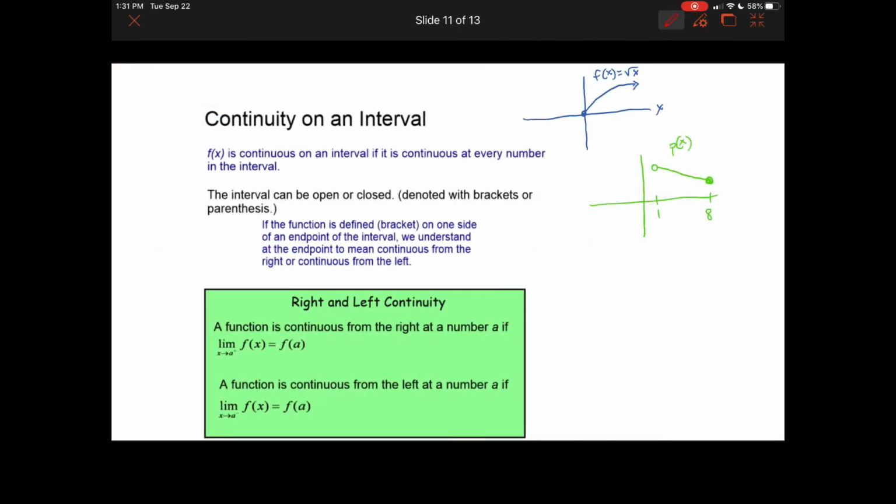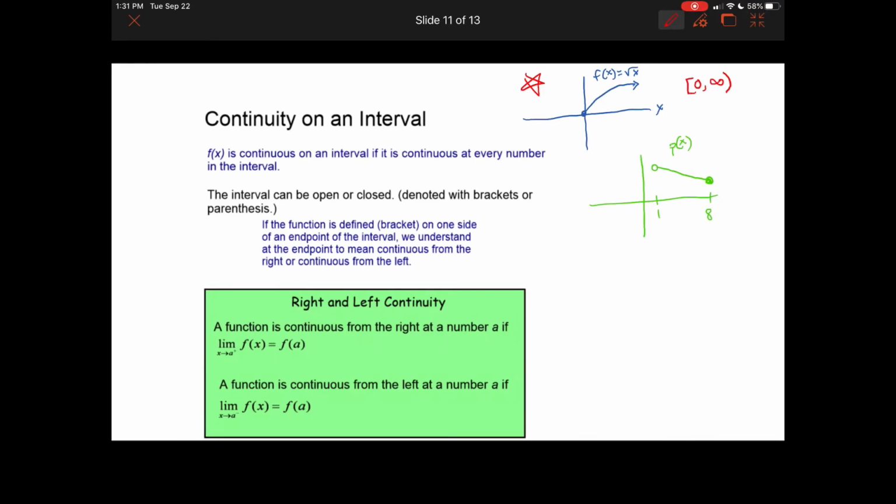Again, I would pause and just read through what continuity over an interval means, but here are a couple of specific examples so that we can identify what this means when we're talking about intervals and continuity within a given interval. So looking at that graph of f of x equals root x, we could say that f of x equals root x is continuous on the interval from 0 to infinity, because there is no discontinuity over that given interval.